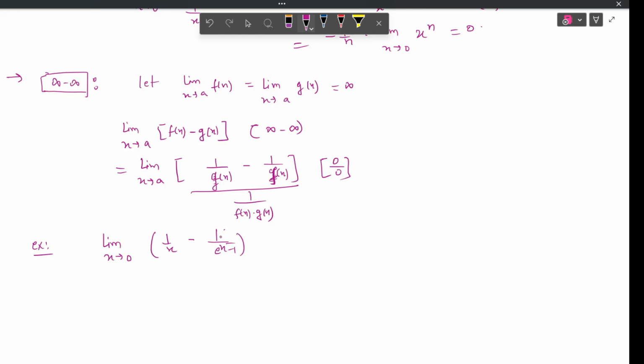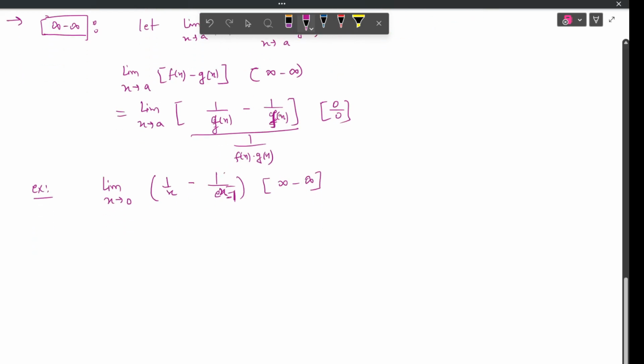Now if you see, 1 by 0 is infinity and x is 0, e to the power x minus 1. So e to the power 0 is 1, 1 minus 1 is 0, 1 by 0 is infinity. So this is in the form infinity minus infinity.